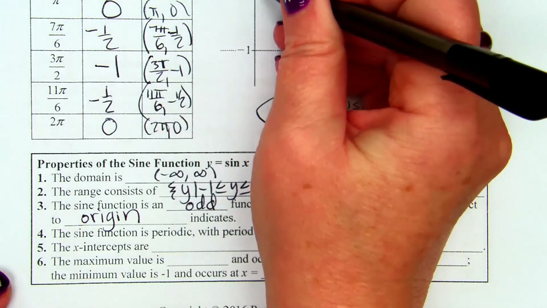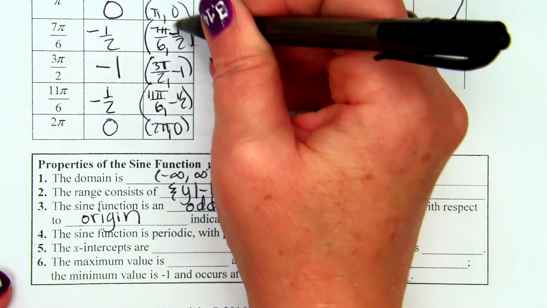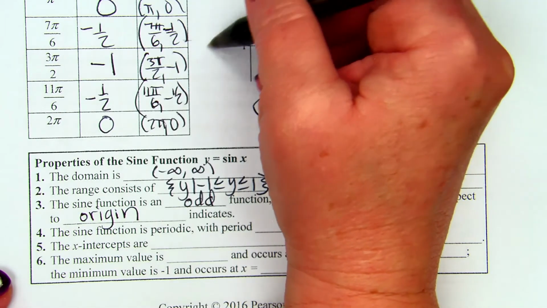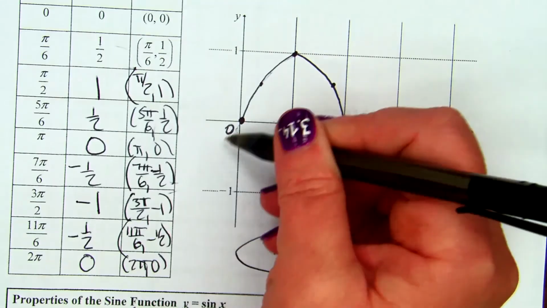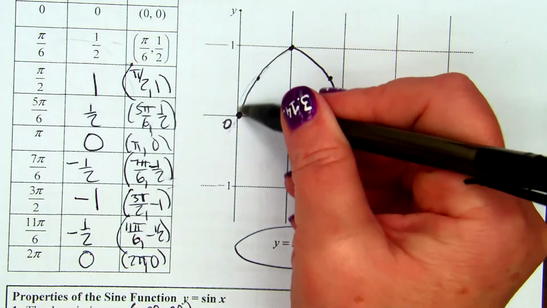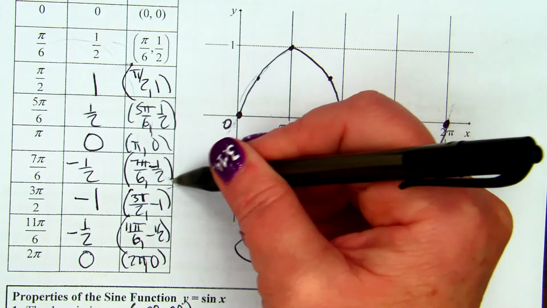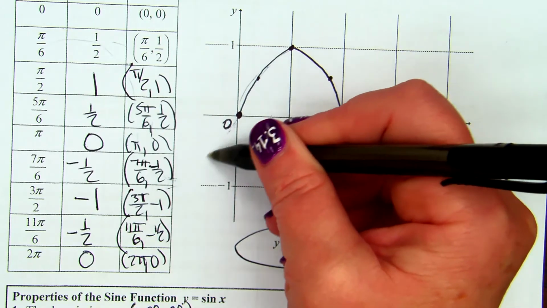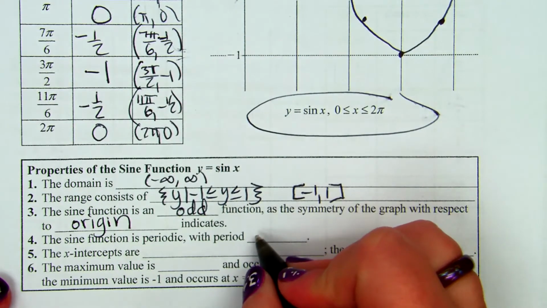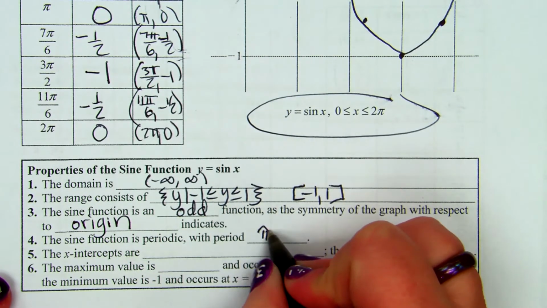So if we graphed over here to continue our graph, you could see that this part would be reflected across the origin. Sine is periodic with a period of 2 pi.